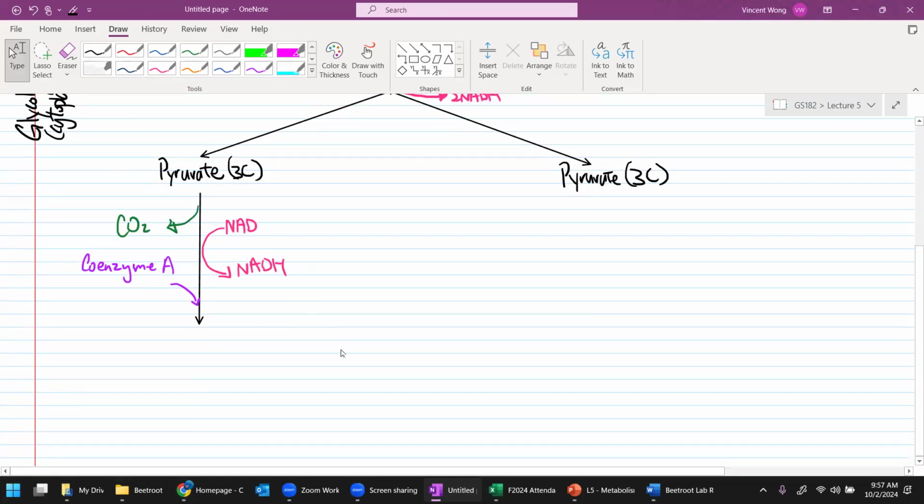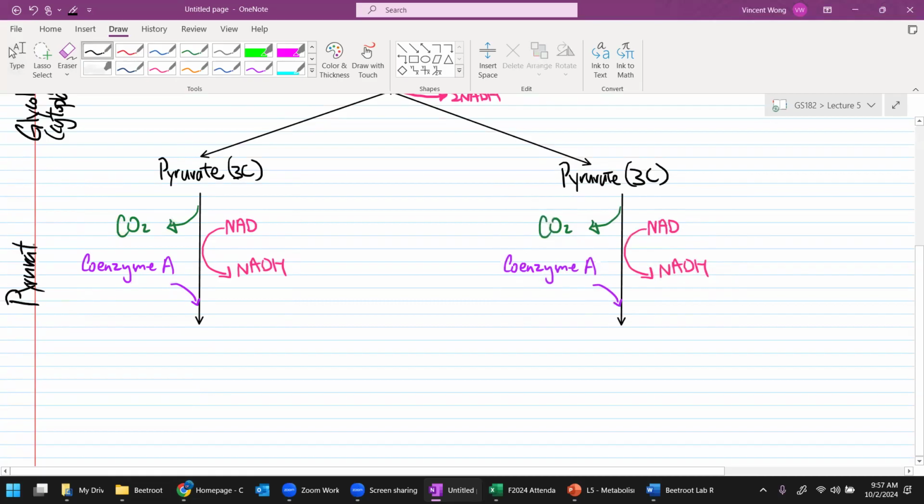And it's going to happen exactly the same for the other guy. So this is pyruvate oxidation. And where does it happen again? Matrix. So you actually create two NADHs and then two carbon dioxide.